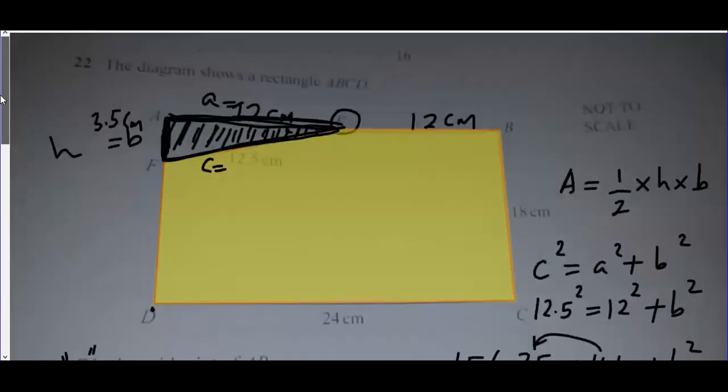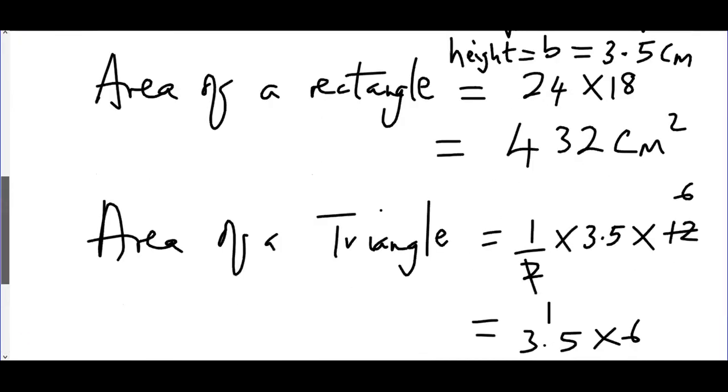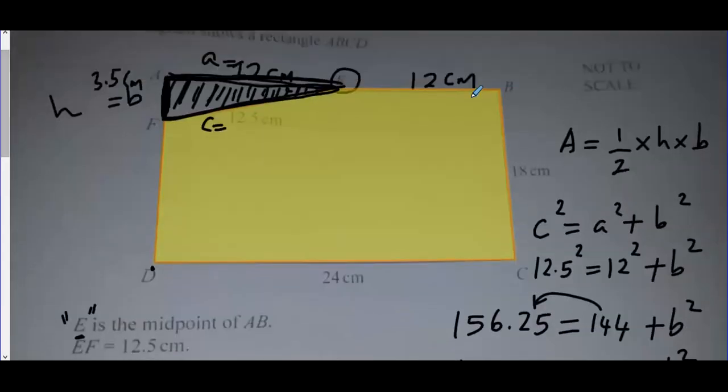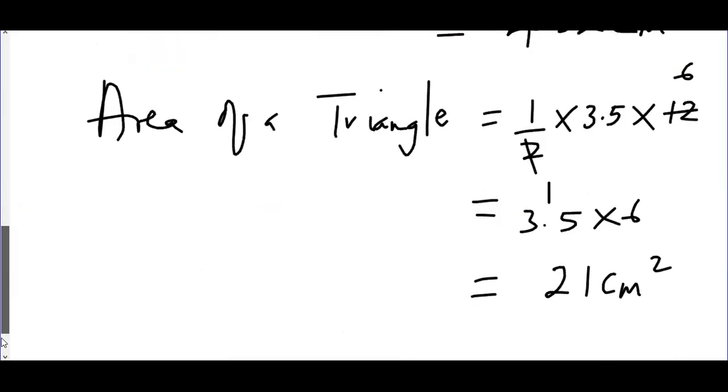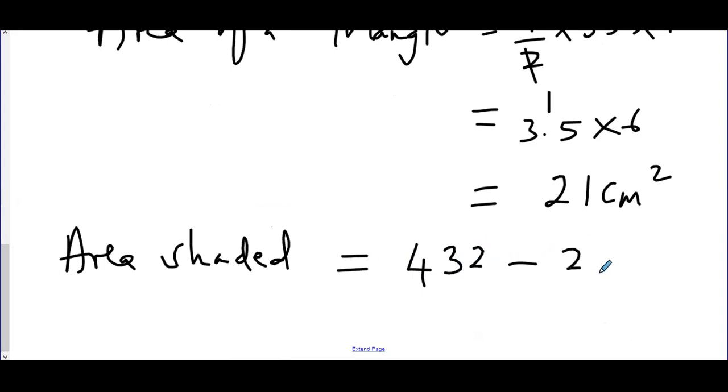While the area of the whole rectangle, we got it, the area of the whole rectangle is 432. Now we can go ahead finding the area shaded. Now the area shaded will be the area of the rectangle minus the area of the triangle. So go ahead writing here, area shaded will be equal to the area of the whole rectangle, which is 432 minus 21.